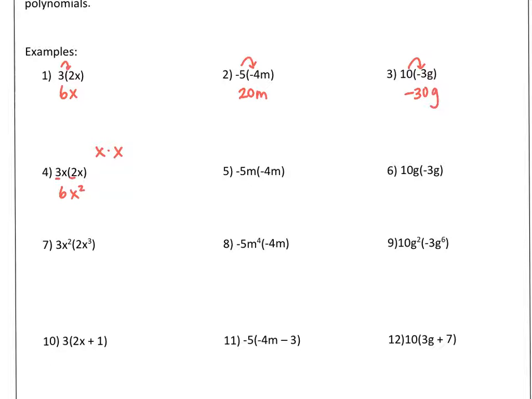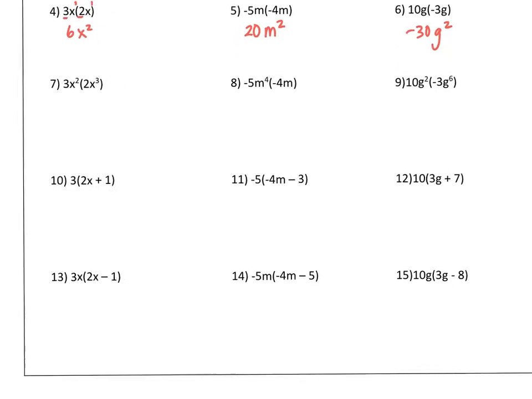You may have also talked about it in grade 9 in that we have these invisible exponents of 1 here, and when I'm multiplying, I add the exponents. 1 and 1 is 2. I'm not big on memorizing exponent rules. I just think of how many of that letter do we have. Okay, in number 5 here, negative 5 times negative 4 is positive 20, and I have m times m, which is m squared. 10 times negative 3 is negative 30. g times g is g squared.